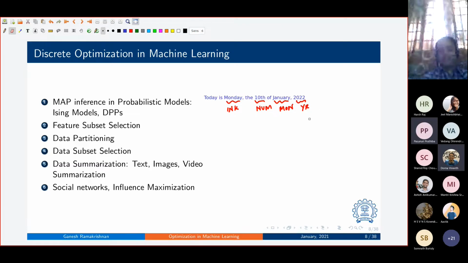Now there are maybe 5 or 6 different formats. Instead of saying today is 10th of January 2022 and a Monday, that could be another form. A third form is today is Monday, January 10th, 2022. But overall, there may be a finite number of such configurations.